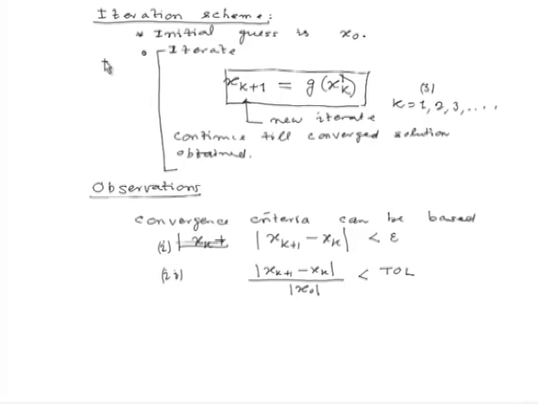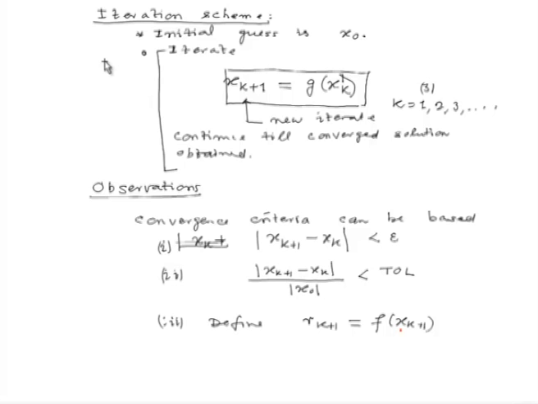Some people also take a third criteria, which is based on what we call the residual. So, third criteria could be, let's define R k plus 1 is equal to f of x k plus 1.